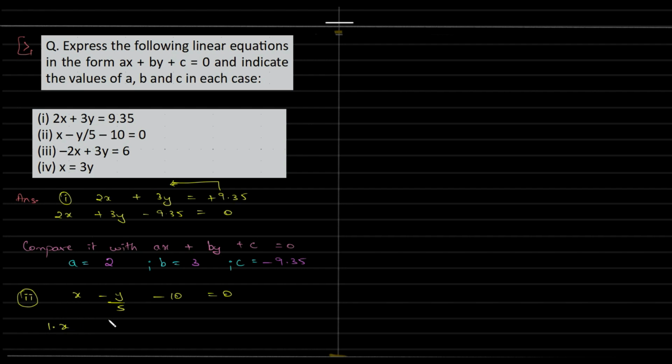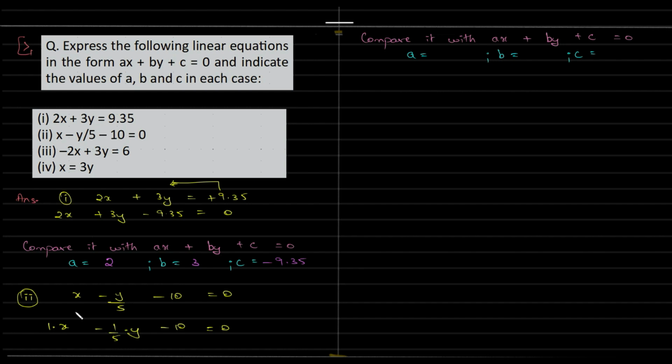So we have 1 into x minus 1 by 5 into y minus 10 is equal to 0. We're just rewriting this. And now on comparing this with ax plus by plus c, what do we end up with?